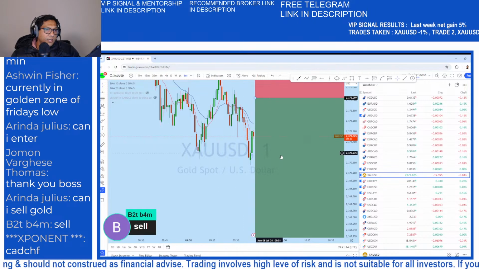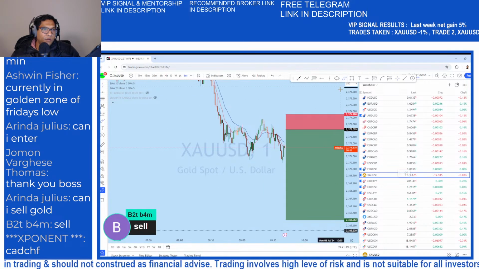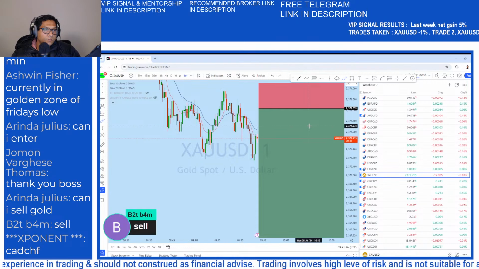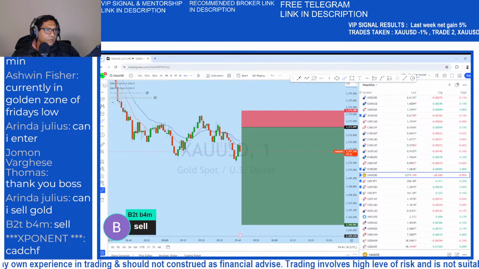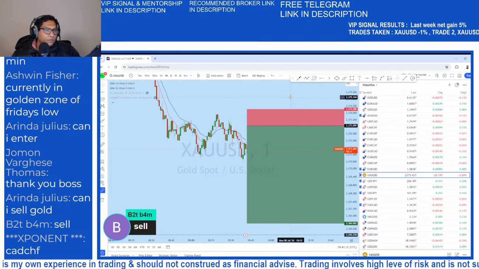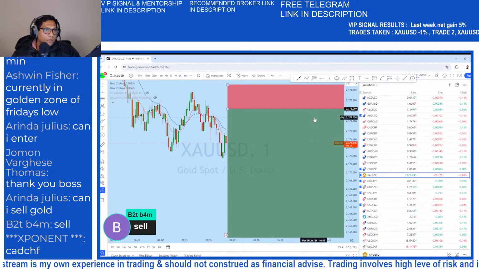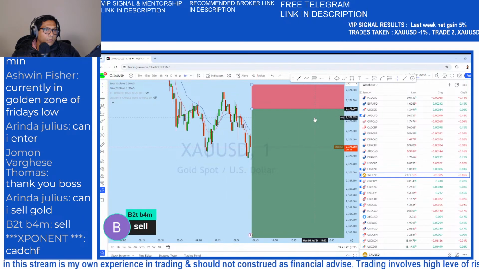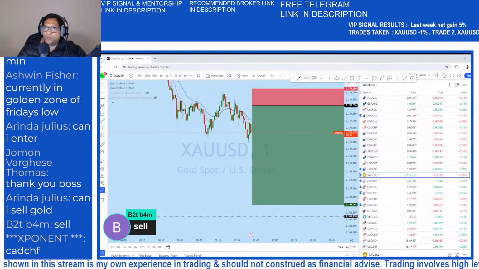Okay, want to see that it's breaking below. So far we see bearish, a series of lower highs. Pretty significant trading up.